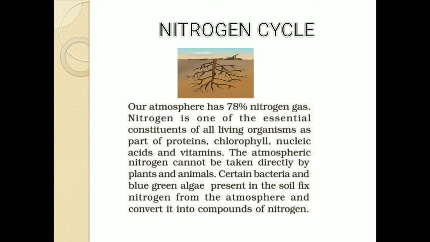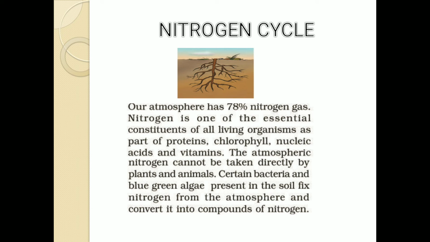It cannot be directly taken up by plants and animals. They need it, and it is an important constituent of living organisms as it is a part of proteins, chlorophyll, nucleic acid and vitamins. The atmospheric nitrogen cannot be directly taken up by plants and animals.